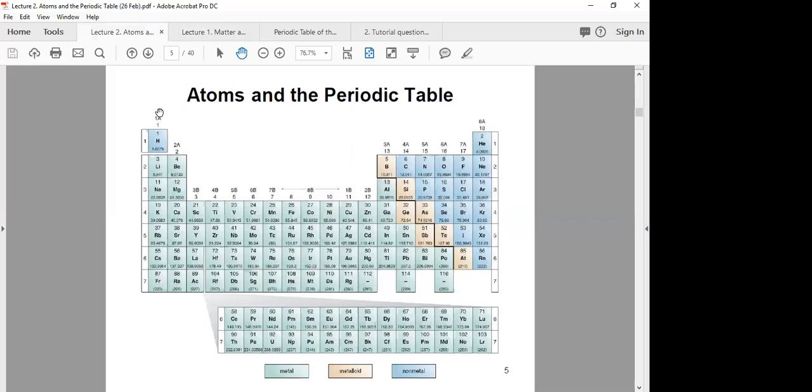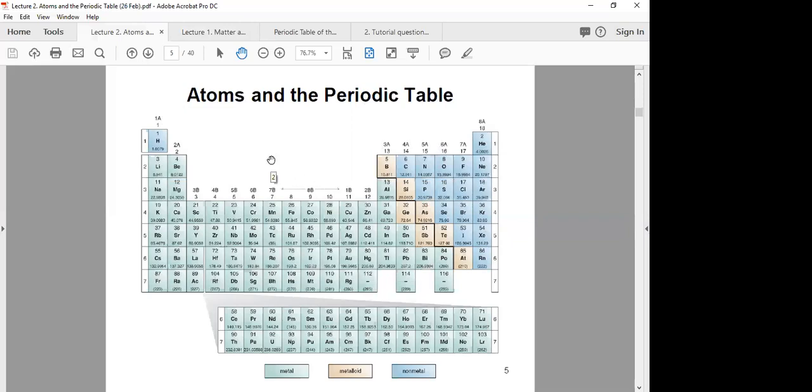Okay, at the top here, you'll see a numbering system, actually two numbering systems. The top one here uses 1A, 2A, and then we jump across to find 3A, 4A, 5A, 6A, 7A, 8A. And then we go to these shorter columns in the middle here, 1B, 2B, 3B, and so on until we get to 8B.